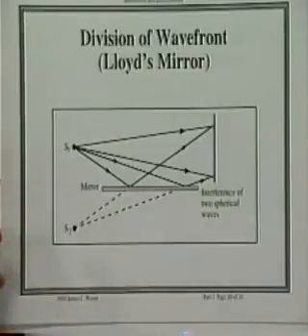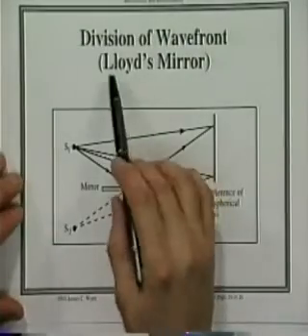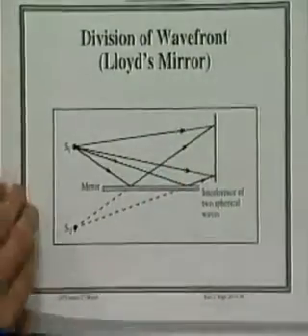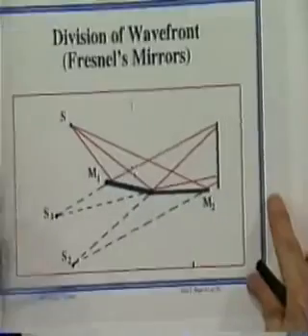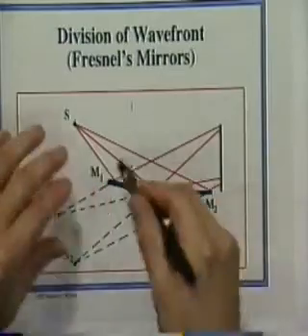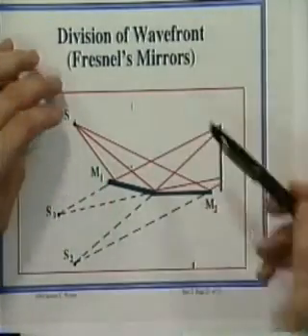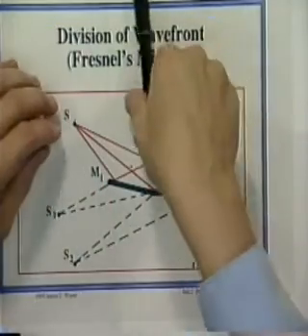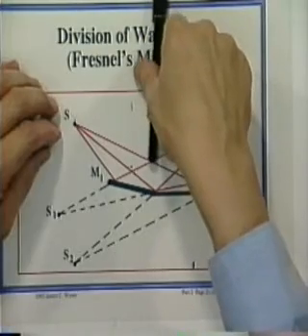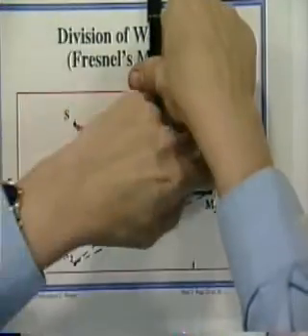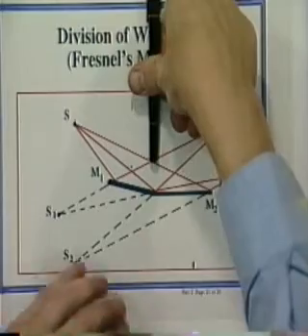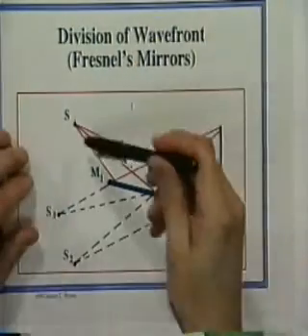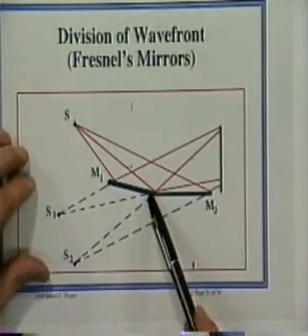Again, this is in the view graphs that probably many of you have. So this is Lloyd's mirror. Well, Fresnel came along. Twice the budget, he had two mirrors. So now we have the light coming along here, and I don't show it, but we really are going to block the light going straight through. Light doesn't go straight through there. Part of the light is reflected off this mirror.